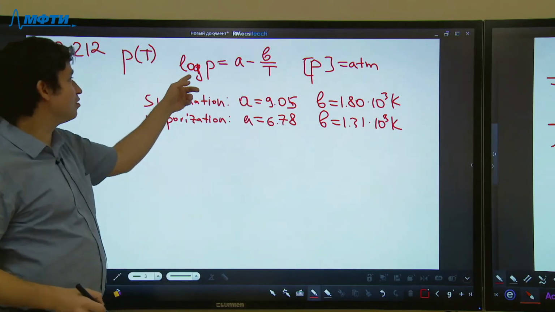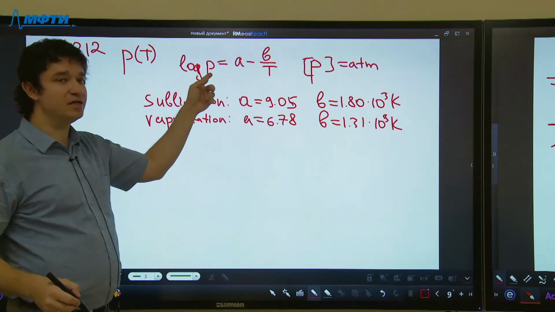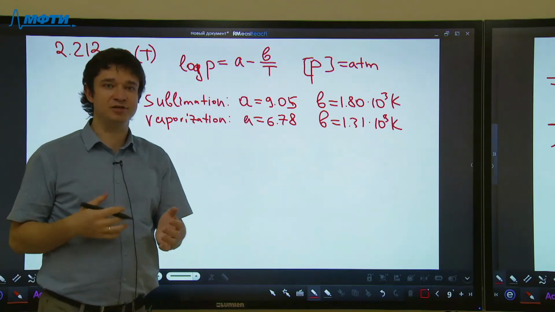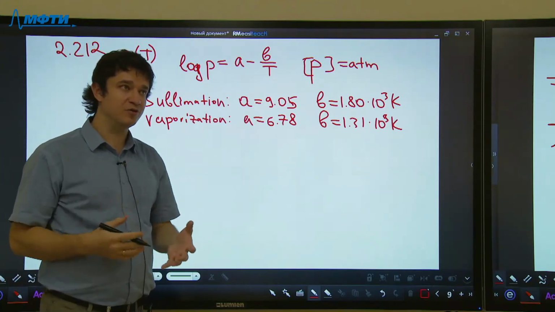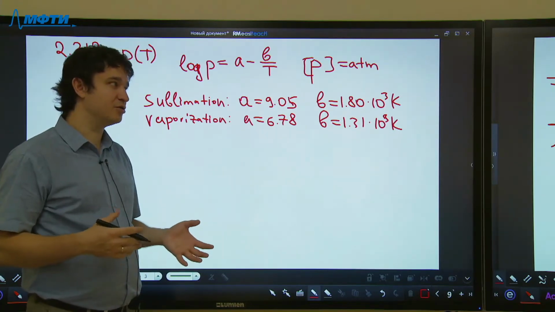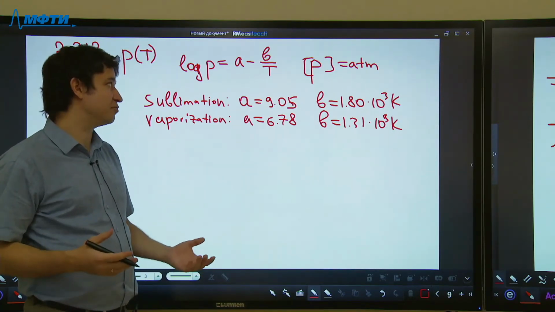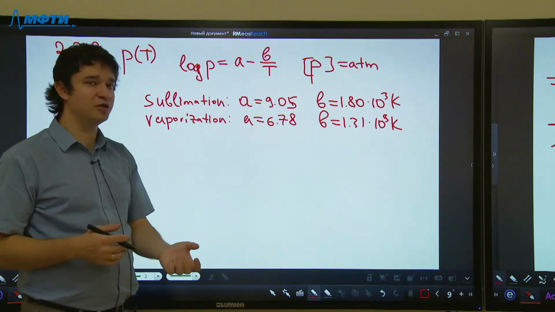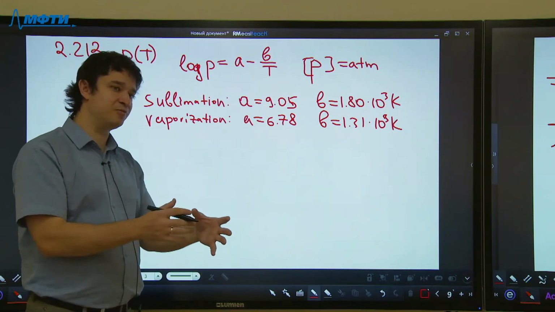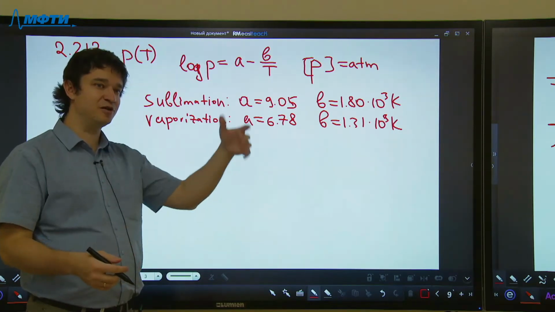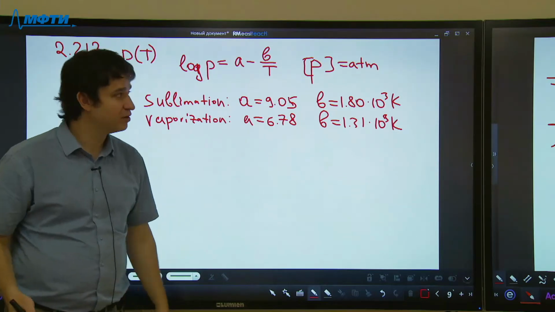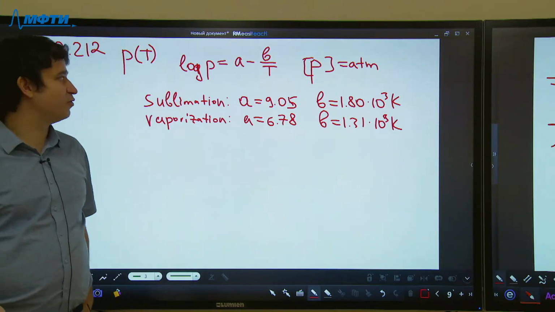Because I have the logarithm of P, and P has dimensions, and you cannot usually take the logarithm of a quantity which has dimensions, because you need to convert it into a dimensionless quantity. It says that you convert it as follows: you express your pressure in atmospheres, then discard the atmosphere, and use that number in your logarithm. Then it becomes perfectly defined.